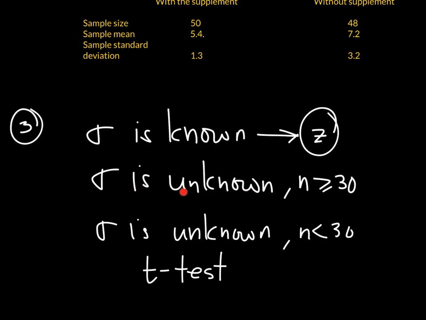That is a mistake. You have to check if the sigma is known. If it is known, then you use z, even if it's just 10 for the sample size. But if sigma is unknown, we go and check the sample size. Greater than or equal to 30, you stay with the z-test. Sigma is unknown, n is less than 30, you do the t-test.